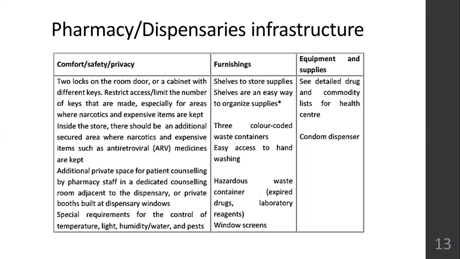Control of temperature, light, humidity, water, and pests should be there. Otherwise, it will spoil your medications and stored items. Proper shelves and organized supplies should be there. Waste containers, color-coded ones, hand washing area. A different container for hazardous waste, like expired drugs and cytotoxic drugs. Condom dispenser. So these are the areas for an HIV infrastructure. This topic can be used as a checklist as well.